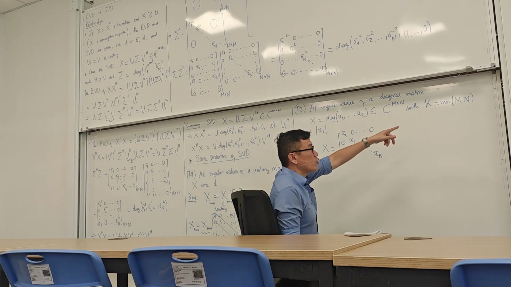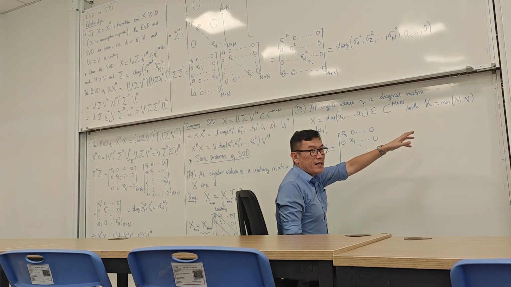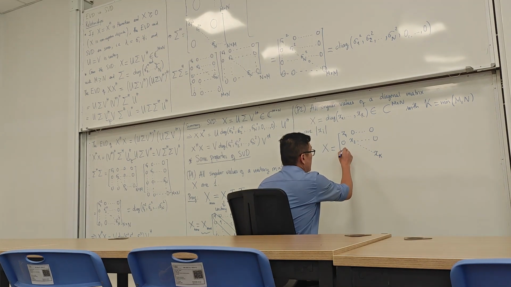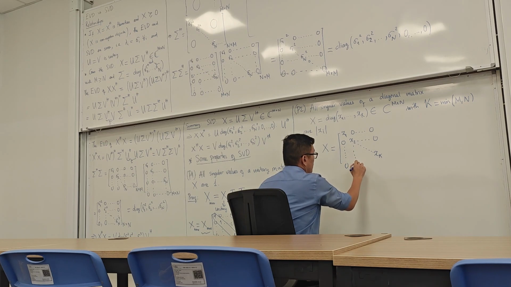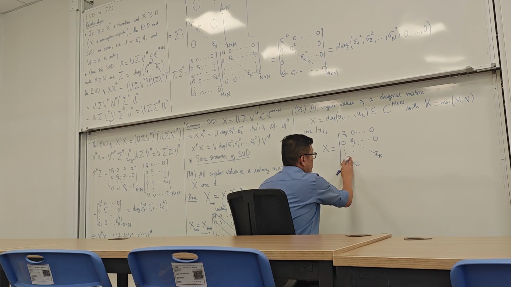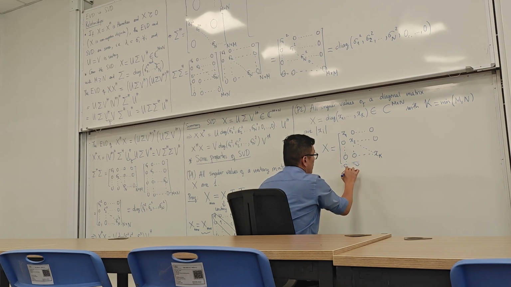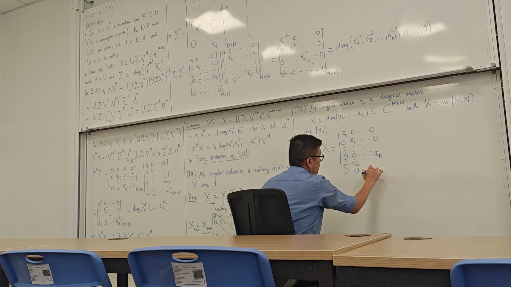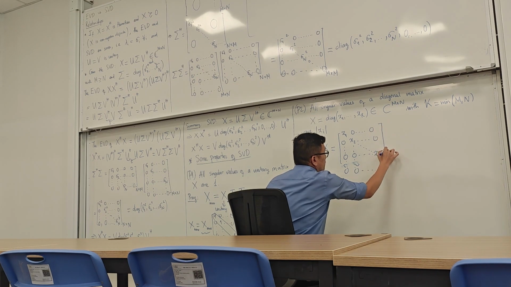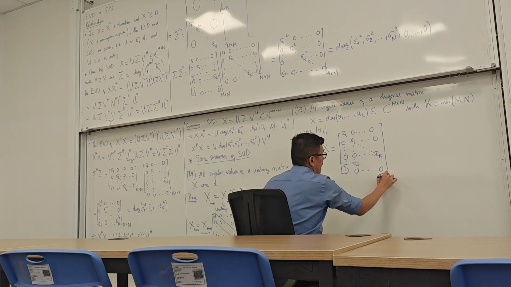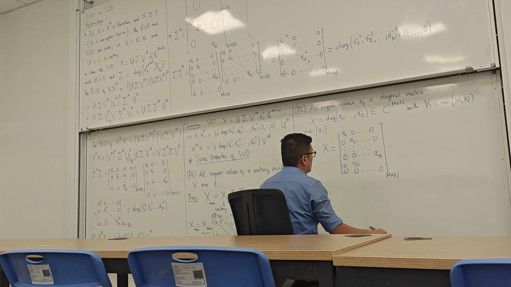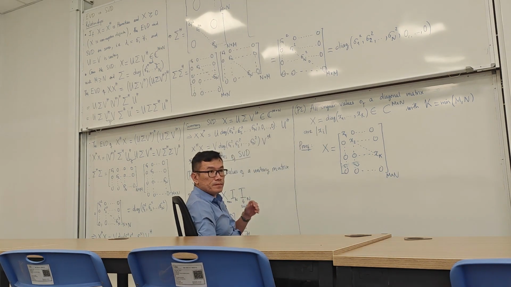Actually, this k equal to min of m and n. I suppose m greater than n. This is 0 here, 0, 0, and so on, and this goes down here with 0, 0, 0. Yes, this is m by n.